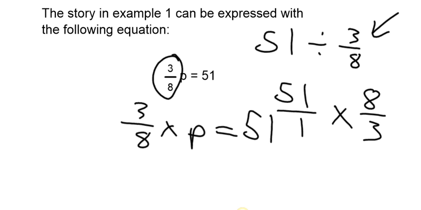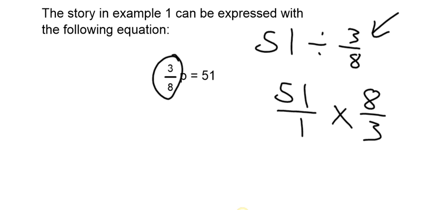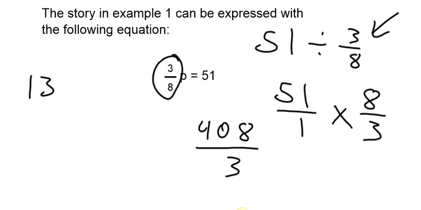By multiplying by the reciprocal, we understand that 8 times 51 is 408, and that's over 3. Then we can divide that number out, and we're going to get an answer of 136.